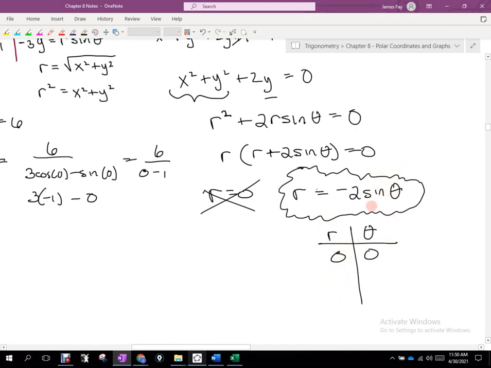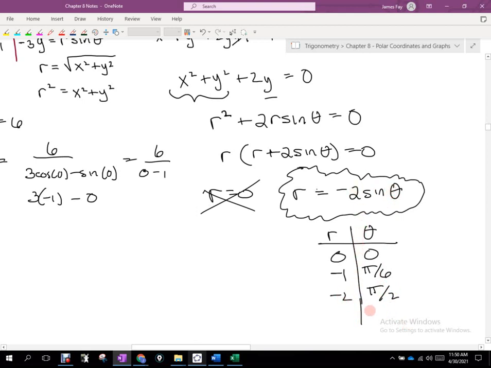I'm going to try to pick off some values that make it easy to multiply. Let's go sine of pi over 6. What's the sine of pi over 6? 1/2, right? What's 1/2 times -2? -1. Let's go pi over 2. What's the sine of pi over 2? 1. What do I get when I multiply it by -2?